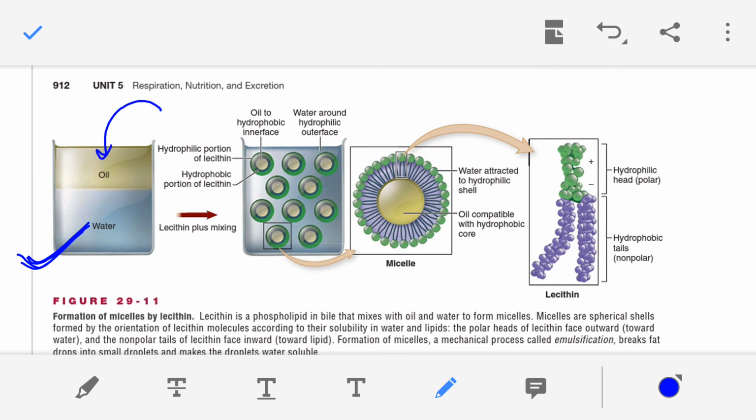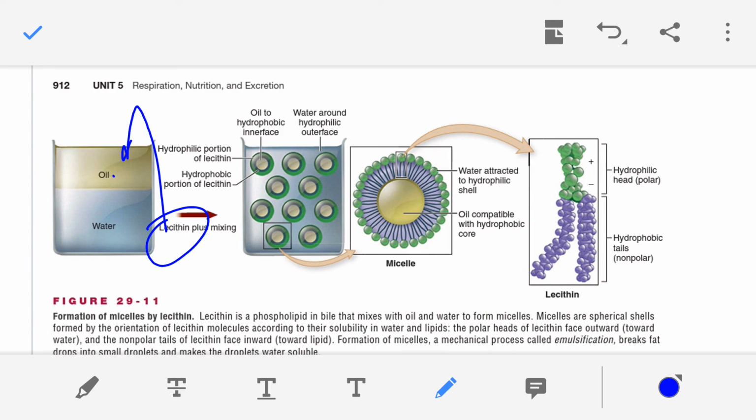After the addition of oil, we know oil will remain on the surface of water, and oil is not mixing with the water. Now in this beaker we are adding lecithin.